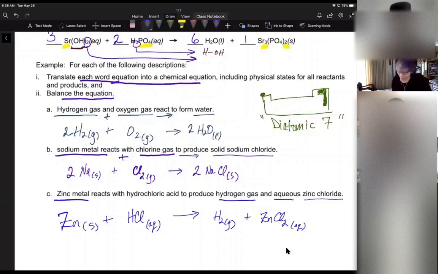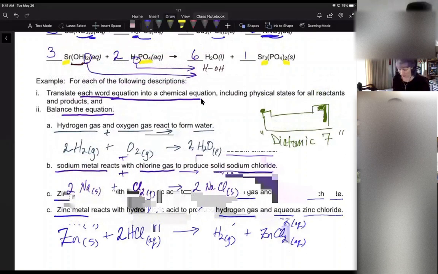Okay, now we have to balance, and we need 2 hydrogens and 2 chlorides, so we'll just use 2 of those. So now you have everything you need to do the post lab for chemical reactions. You're going to watch videos and take observations, and it's all just doing problems like this. They give you words, you write the formulas, and balance.